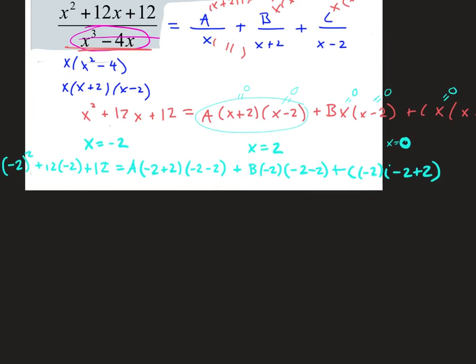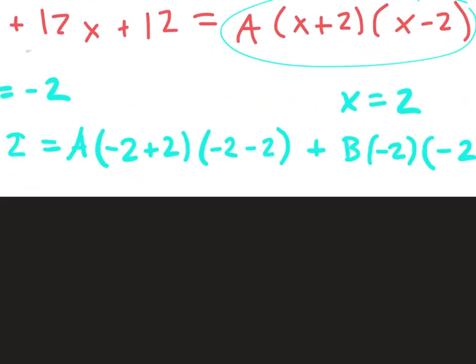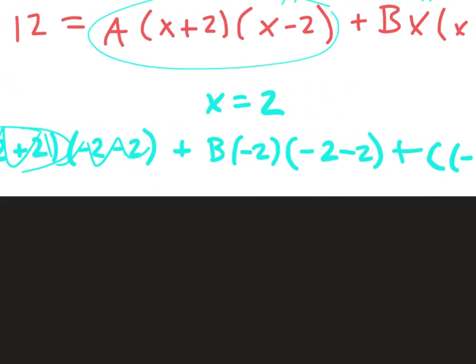All right. So what happens to our a? What is negative 2 plus 2? It cancels out. 0. So the a cancels out. B, we have b times negative 2, and then negative 2 minus 2 would be negative 4.